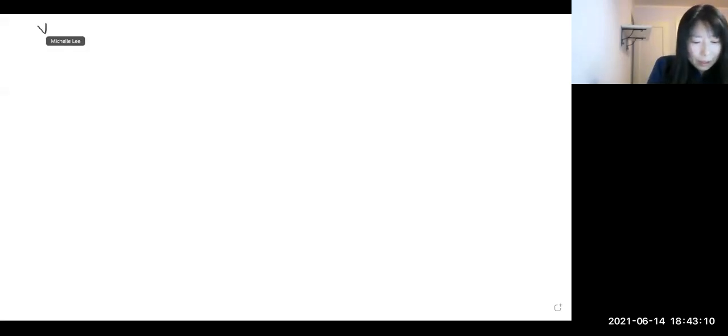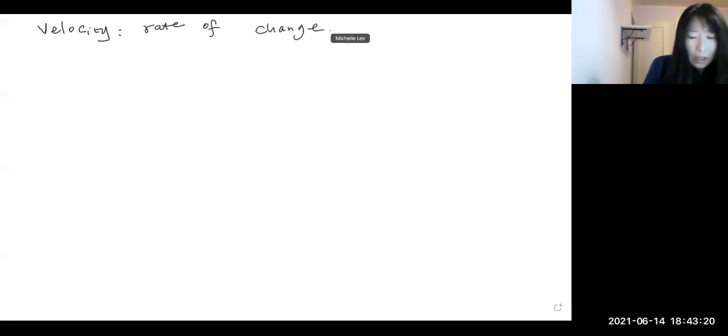We talk about the velocity, right? It's also rate of change. So we have two types of velocity. One is average, one is instantaneous velocity, right? Okay, let me talk about average velocity. Let me write down the definition.